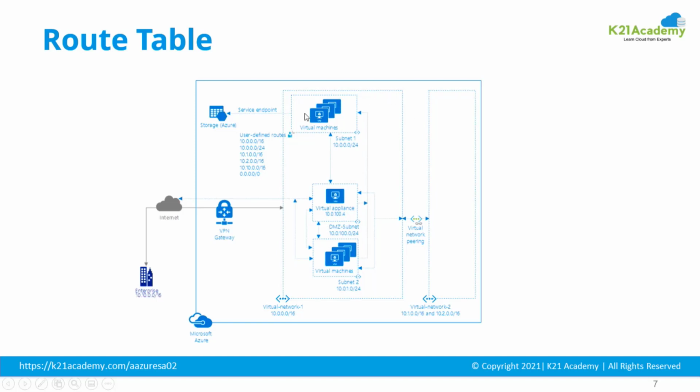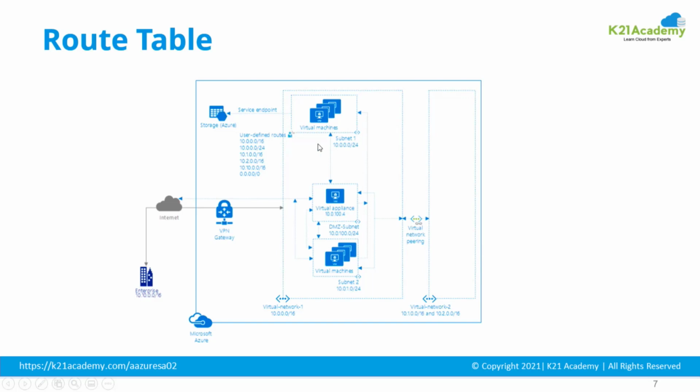But if a machine in one VNet needs to go out to other places, like a storage account, or an application in on-premise, which is your customer data center, or another network, this is where you will need route tables.